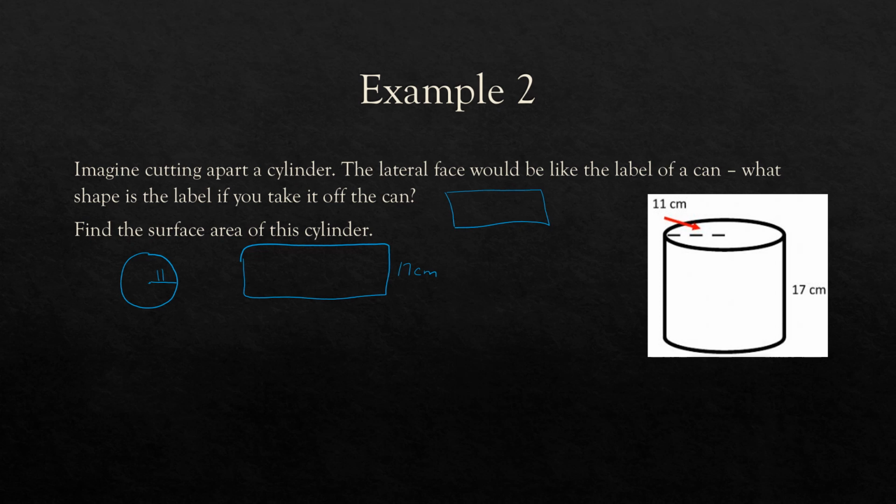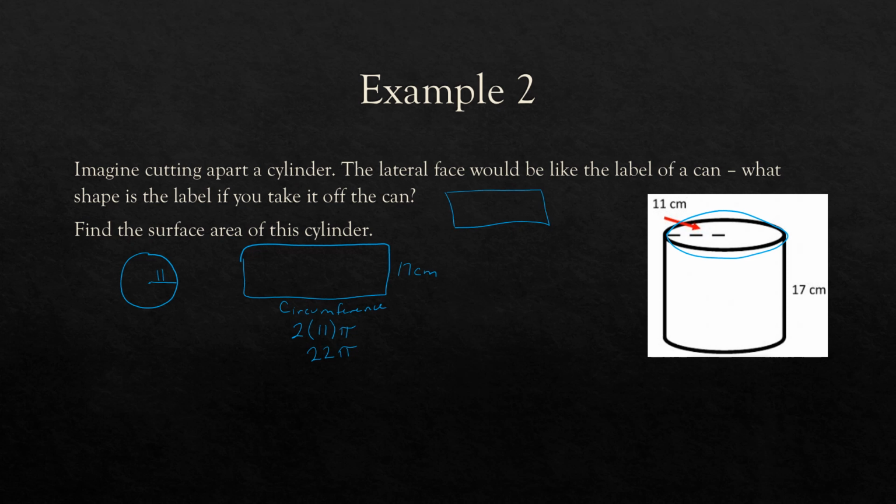And across would be what? Well, across would be going around the circle. So it's the circumference of the circle. And our circumference is 2 pi r. So 2 r and pi. In this case, it's going to be 22 pi.